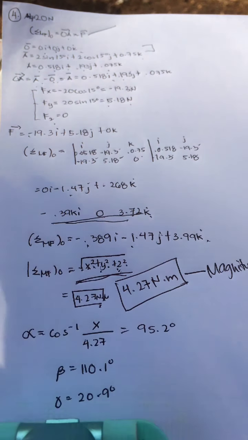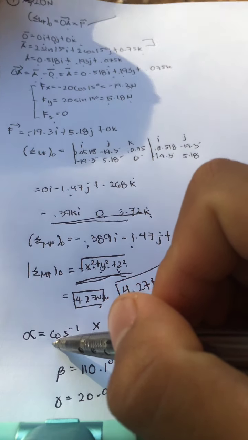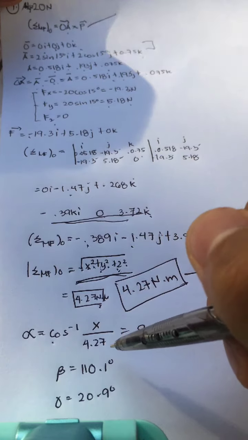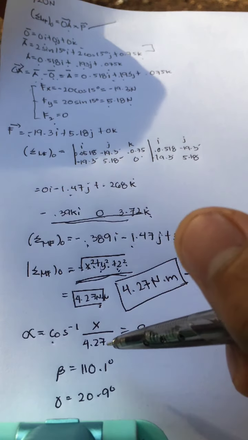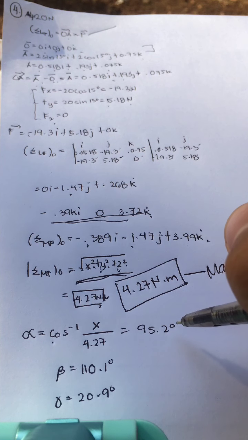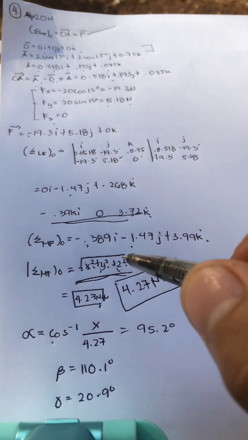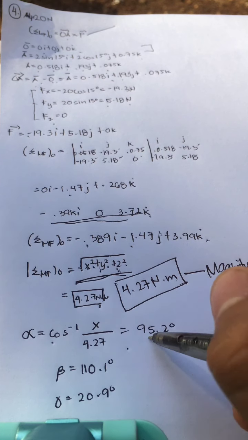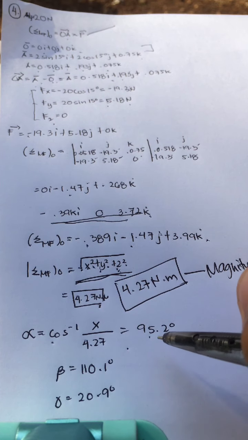Next is inverse cos of x over magnitude, which is equal to 95.2 degrees. If we evaluate, it becomes 95.2.